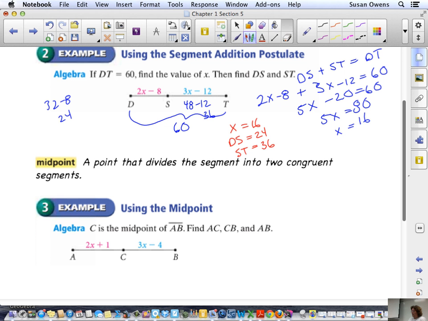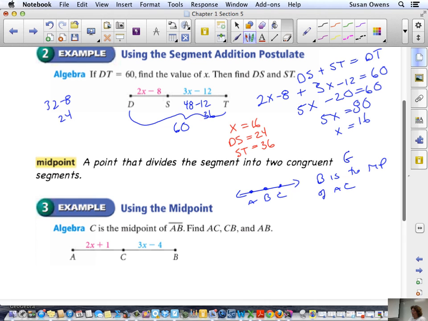So suppose I draw a line, and I'm going to put 3 points on it. And I tell you, this has to be a given or something that you find, B is the midpoint, and I always abbreviate midpoint, MP, of AC.